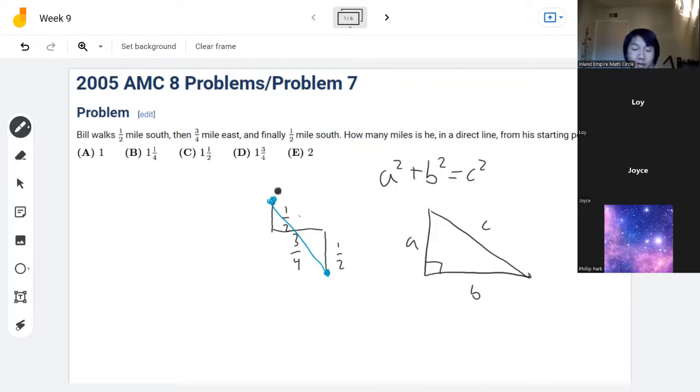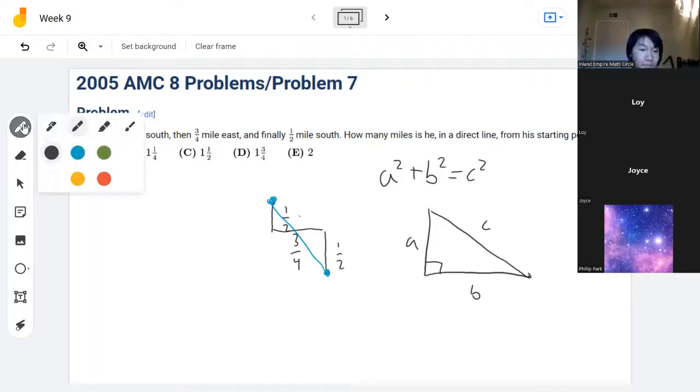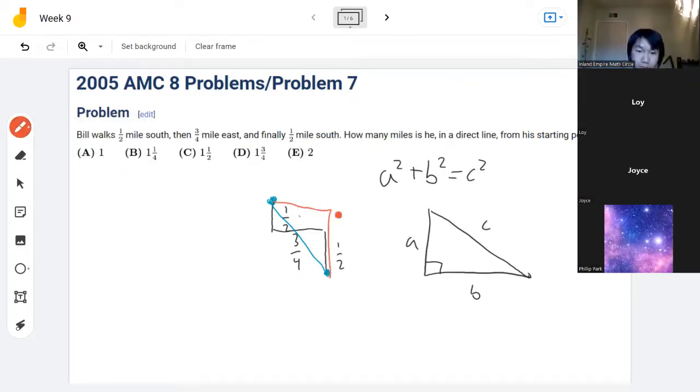So anyways, we can use the diagram that we drew for this problem and make it into a right triangle. So really, this is just a triangle with length 1 on the bottom and then 3/4 on top. And then we can solve for this one. We plug these things into the theorem. We'll call this side that we're looking for x.